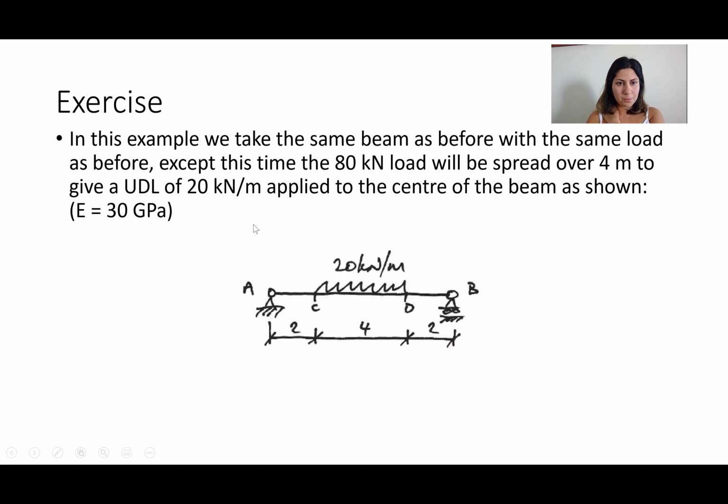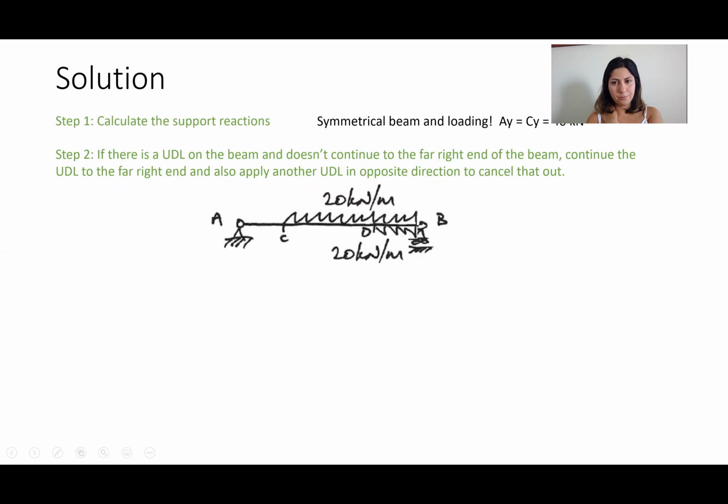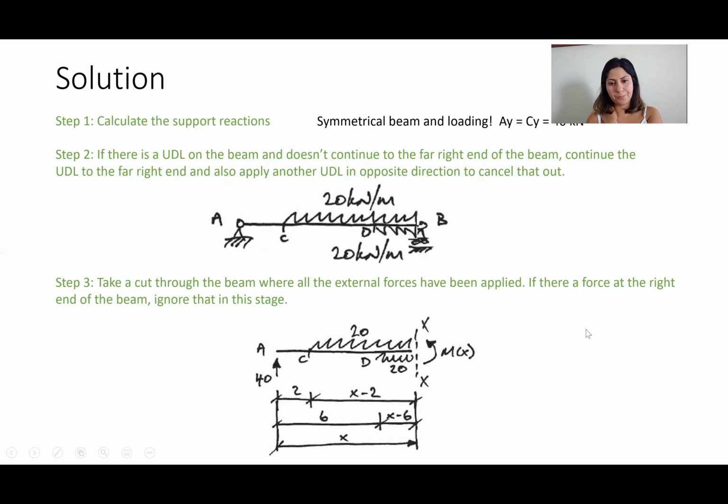So here, as you can see, we have 40 times x, the total length is x. We have 20 times x minus 2, which is this length, times x minus 2 divided by 2, which is from the center of this part of UDL.